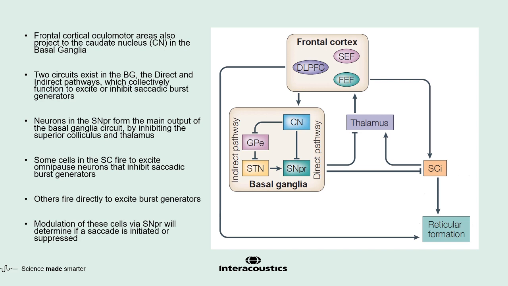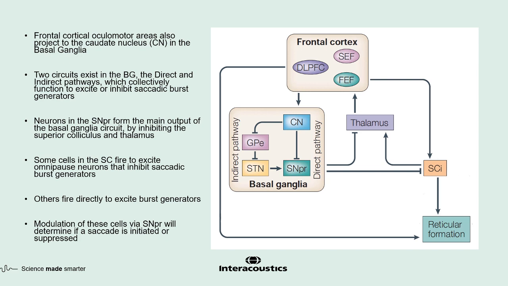So if this system is inhibiting the superior colliculus, what the basal ganglia essentially do through these two different pathways is either allow the superior colliculus to be inhibited by the nigra or inhibit the nigra themselves to allow the superior colliculus to fire.